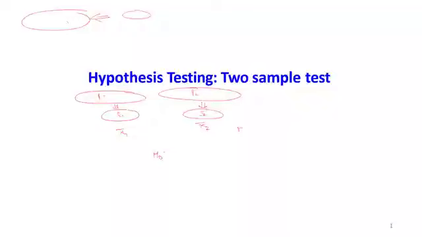Your null hypothesis could be that x1 bar is greater than x2 bar, and the alternate hypothesis would be x1 bar less than x2 bar. Like that, you can again have three scenarios, and based on that, you can decide which tail test to accept.